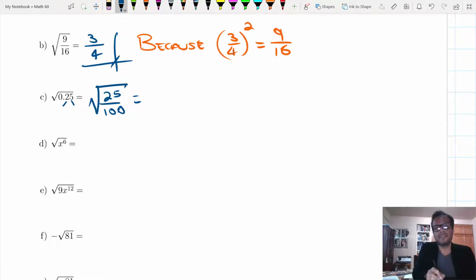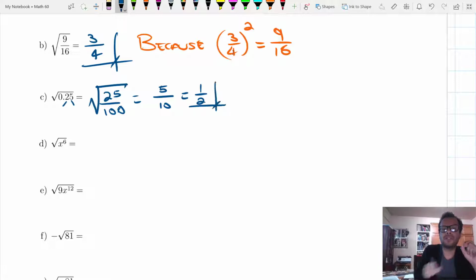Now let's take the square root of both numbers, 25 and 100, right? So the square root of 25 is 5, and the square root of 100 is 10. In this case, as opposed to the previous examples, we can simplify this fraction to further terms, right? So this will be 1/2.